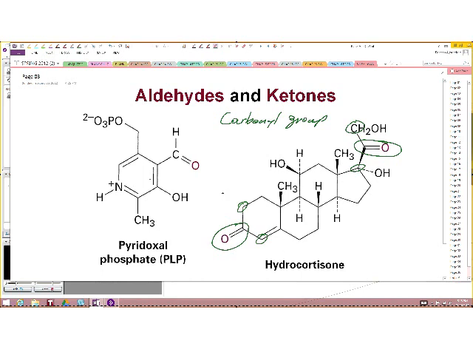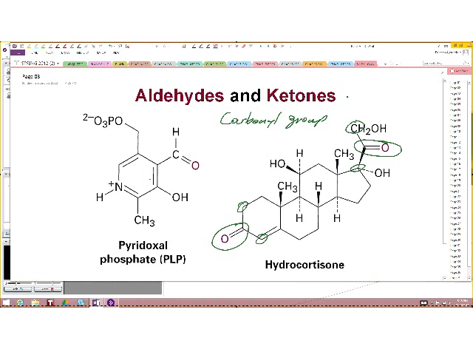These are metabolic hormones that are used in various metabolic processes in our body. Very important molecules indeed. Indeed, most organic reactions that take part in our body, for the most part, a lot of these actually do involve a lot of ketones.